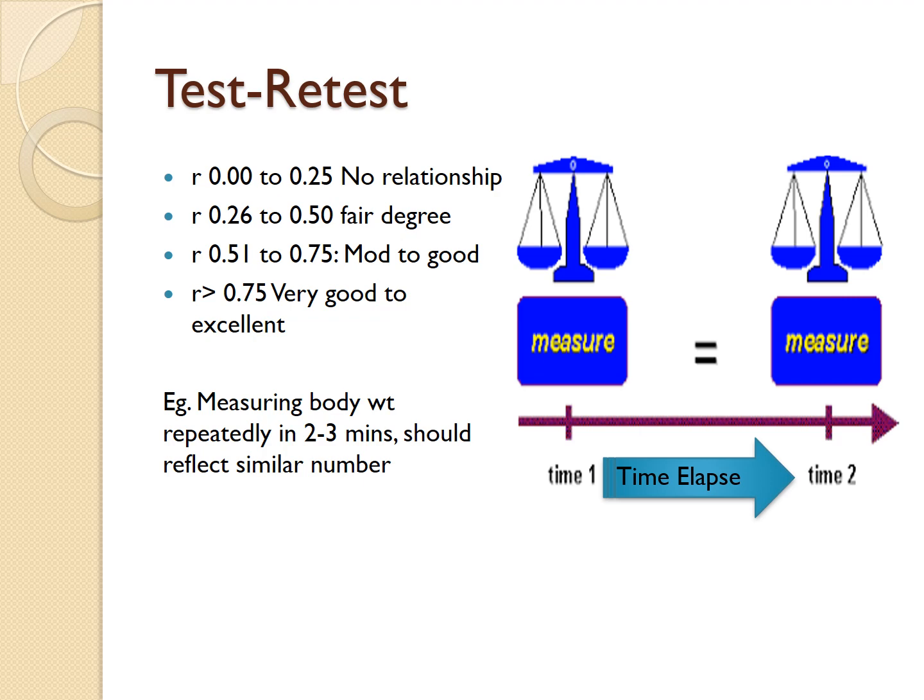R score of 0.26 to 0.5, there's a fair degree of relationship or consistency. R score of 0.5 to 0.75, moderate to good reliability or consistency or agreement, and R score of greater than 0.75, very good to excellent agreement or relationship or findings.